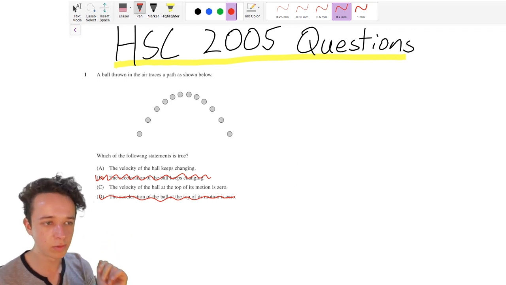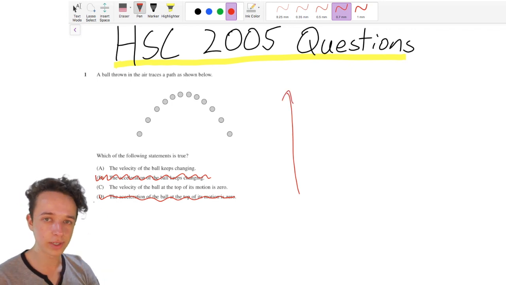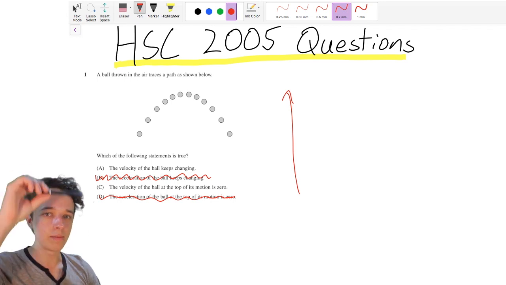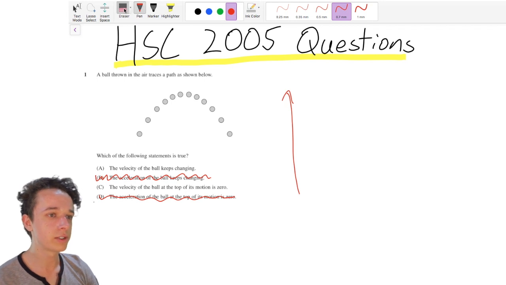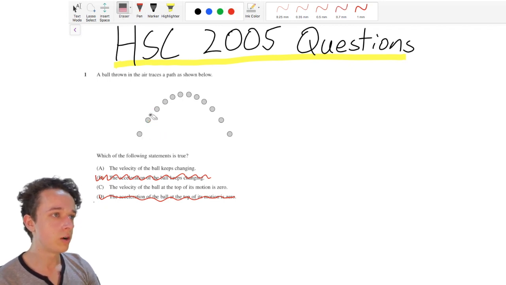This would be true if the ball was thrown straight up and straight down, because it has no horizontal velocity throughout the entire thing, and at the maximum height it will have no vertical velocity. But that's not the case with this ball, as we can see from the graph. It is thrown at some angle to the horizontal other than 90, right? So option C is also false, and that leaves option A, the velocity of the ball keeps changing.